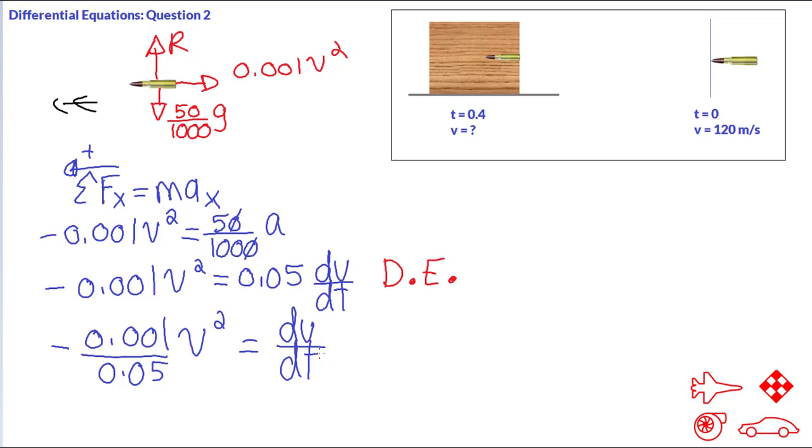And then all we do is multiply both sides by dt and divide both sides by v squared. I'm also going to include a calculation for 0.001 divided by 0.05, which gives you 0.02. So let's do all that at the same time. We've got minus 0.02 v squared equals dv over dt.